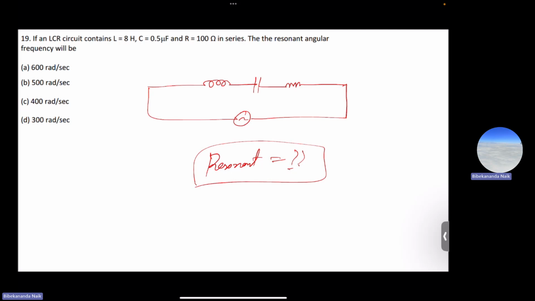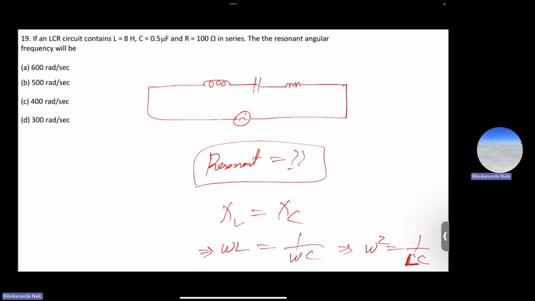We know during the condition of resonance, XL equals XC, and XL is omega L and XC is 1 by omega C. That implies omega square is 1 by LC, or omega is 1 by root over LC.